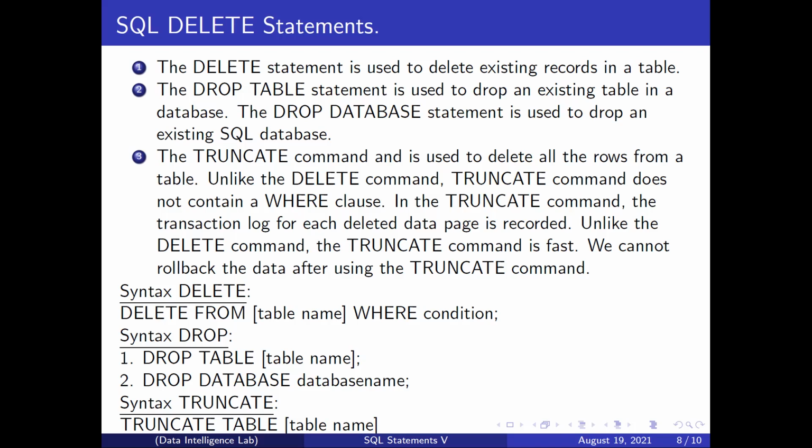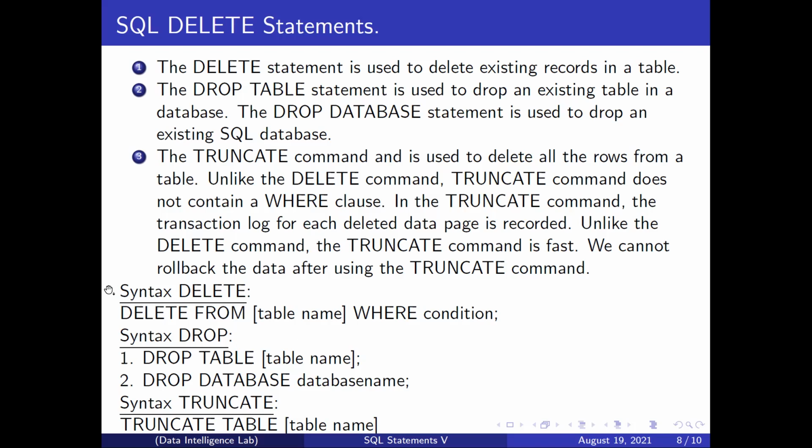But the difference again is that for the truncate command, you can't roll back. You can't get back your data. But for delete, you can still roll back. So it depends. In some cases, you might want to use truncate. In some cases, you might want to use the delete command. We are going to try both in our demo session.